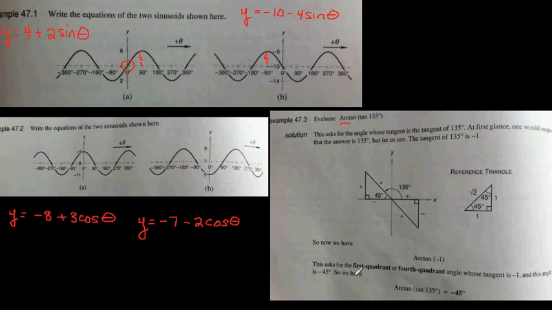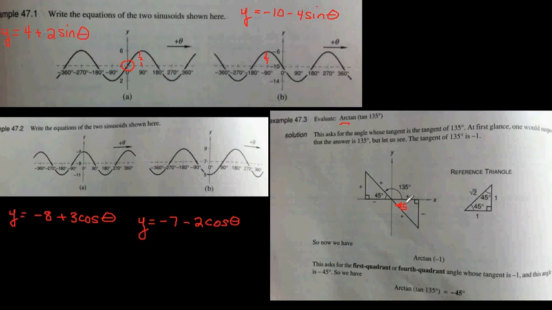So again, this asks for the first and fourth quadrant angle whose tangent is negative 1. So in order to get it into the right quadrant, we had to extend this down and make our triangle in the right quadrant. So this would still be 45 degrees right here. And we know that if we did the tangent of this, it would be 1 over 1, which is 1.